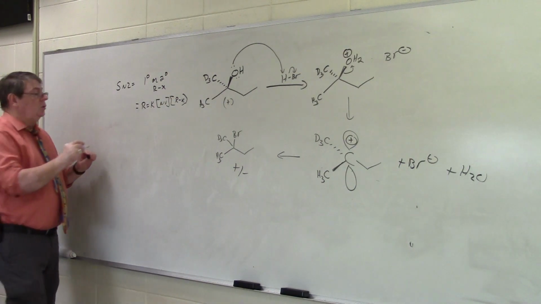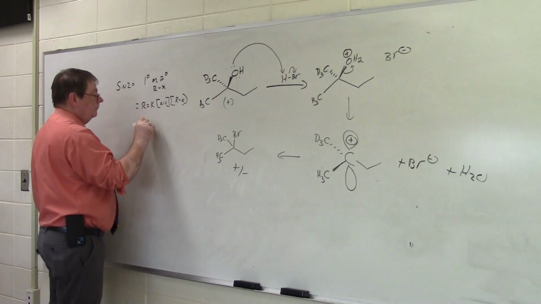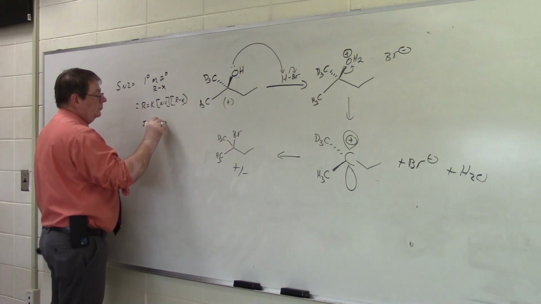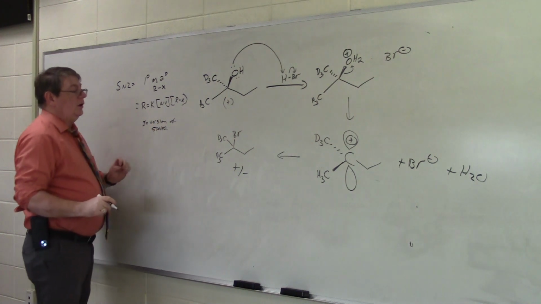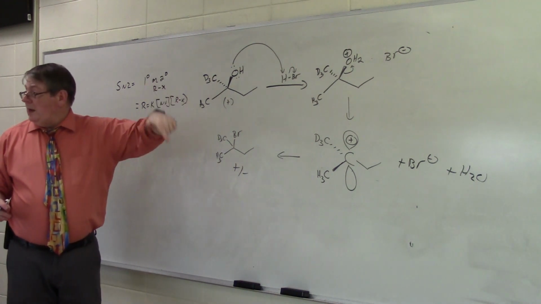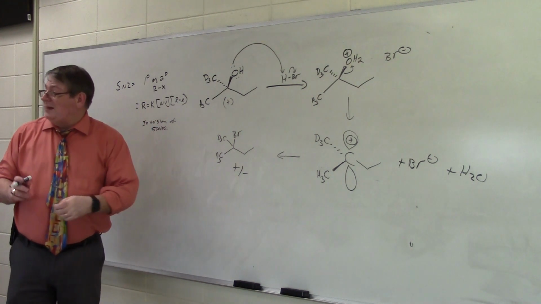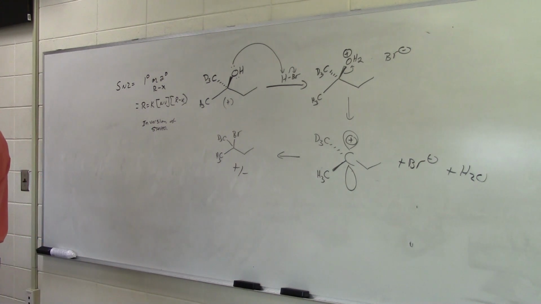We know that it goes with inversion of stereochemistry. So if it was R and it went through an SN2 reaction, I know that my product has to be S, right? I know that it has to be inverted.